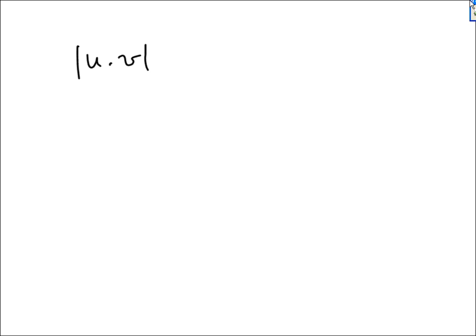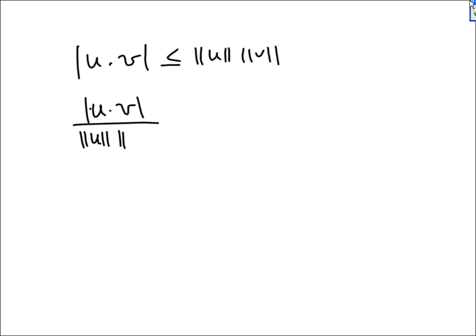The absolute value of u dot v is less than or equal to the length of u times the length of v. Now, if I divide both sides by the length of u times the length of v, I get that the absolute value of u dot v over the length of u times the length of v is less than or equal to 1.